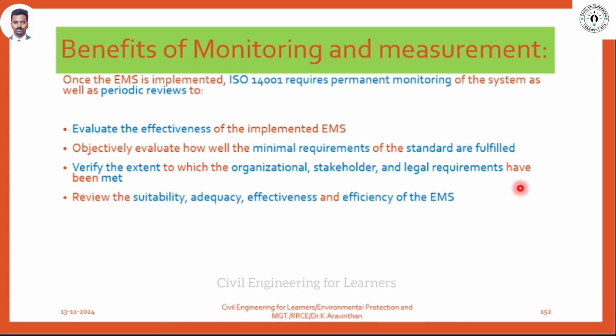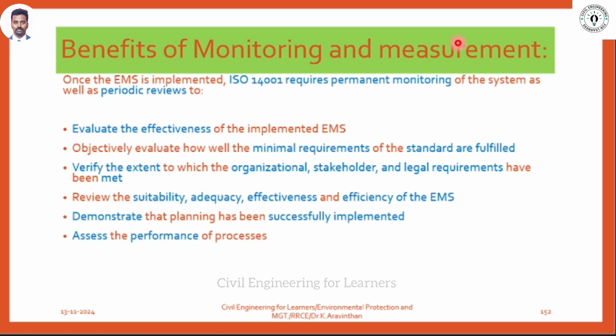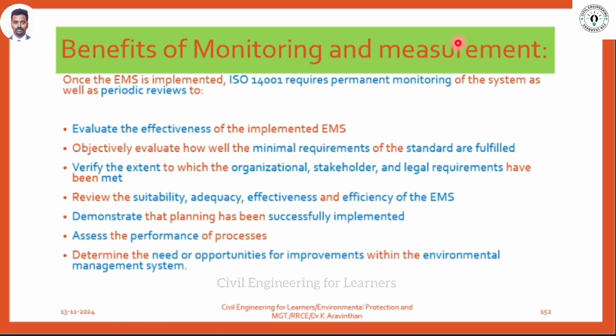Either it is met or not, you can review. If you are monitoring and measuring, you can review the suitability, adequacy, efficiency and effectiveness of the EMS. Before working, you set an objective and target. Whether it is working or not, you can be aware only if you have a monitoring and measuring system. Assess the performance.